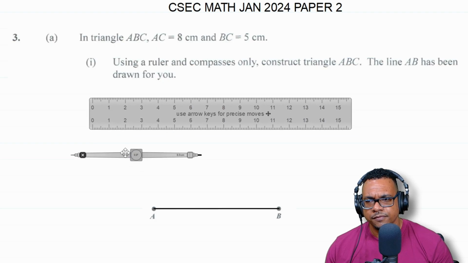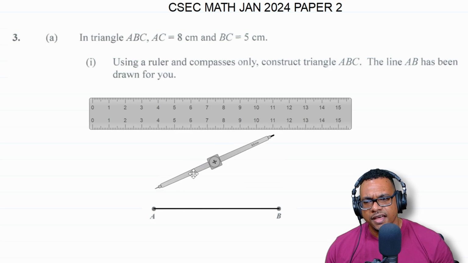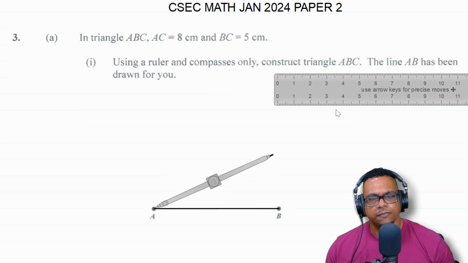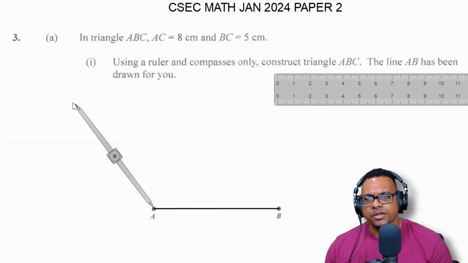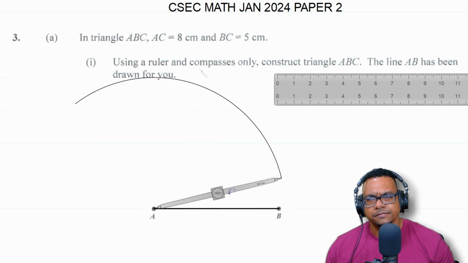Let's move the ruler. I'm going to take the compass point and place it on the point A, and make an arc using a light line. Then I'm going to look at the line segment BC, which means you're starting at B and ending at C, and that line segment is 5 centimeters.